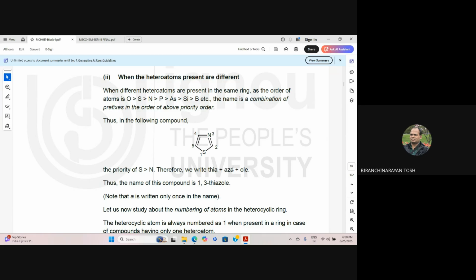When two vowels come together, generally one A we have to remove. So thia, aza, from aza the A is removed, ole. So thiazole, position 1, 3, so 1,3-thiazole.